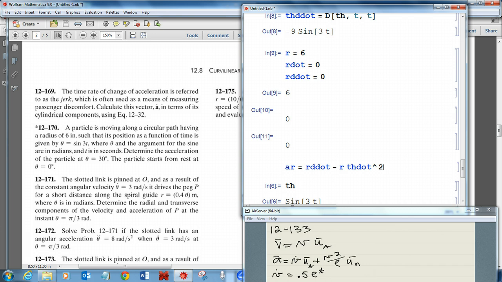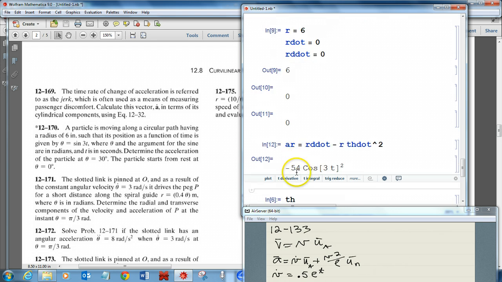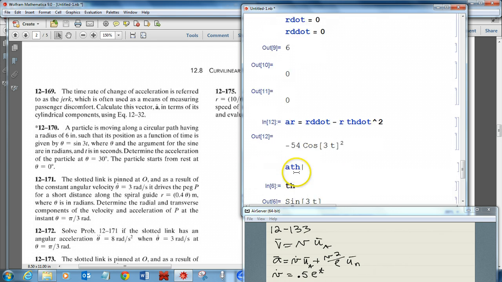That's the radial component. The theta component, remember what that was? 2 R dot theta dot plus R theta double dot.